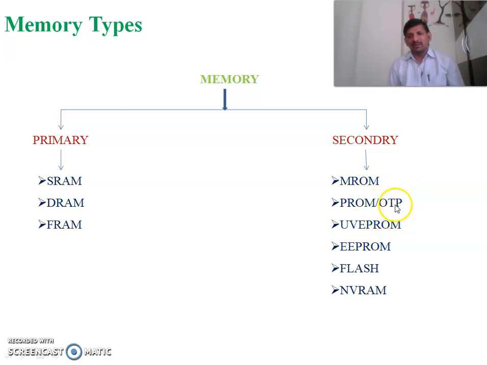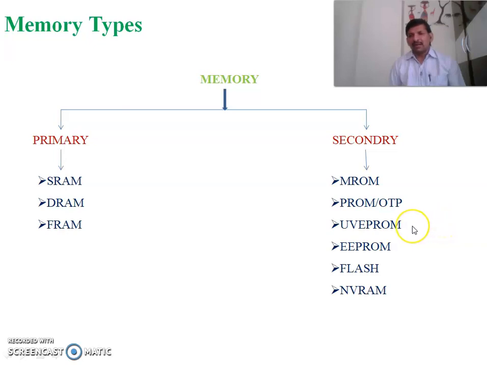To provide modification, they designed the ultraviolet erasable programmable read-only memory. It contains a quartz crystal window. Whenever we want to erase the data, we remove the chip and expose it to ultraviolet rays for up to 20 minutes.